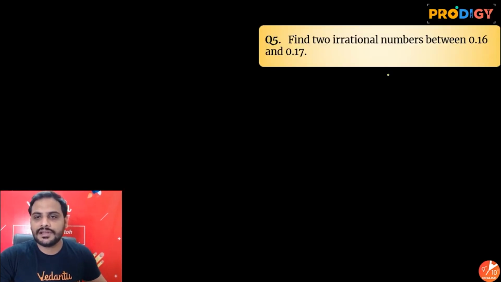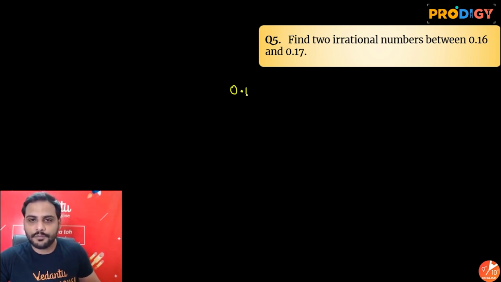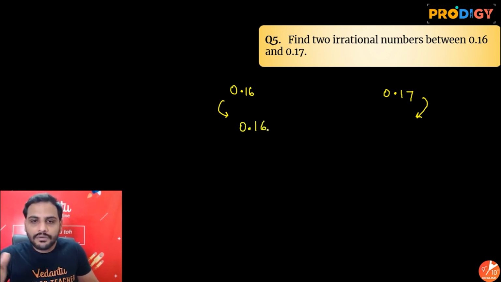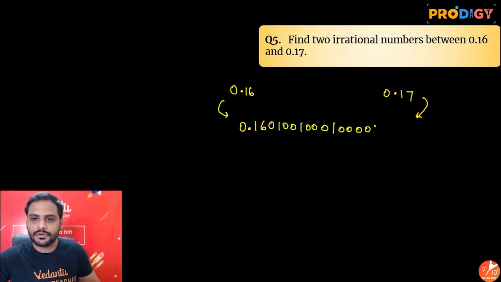Okay, next question. Find two irrational numbers between these two. Now look beta, I have 0.16 and here I have 0.17. So if I want to write an irrational number between them, look, simple thing, write 0.16. Now write anything in front of it, but without any pattern. So I can say, sir, 0.1001000100001 and so on.